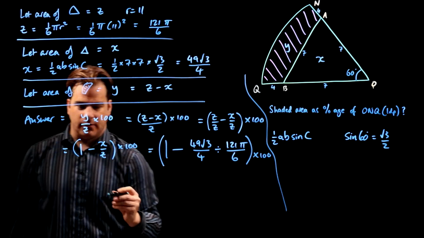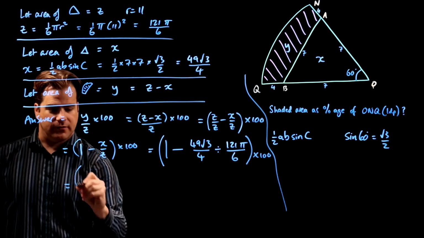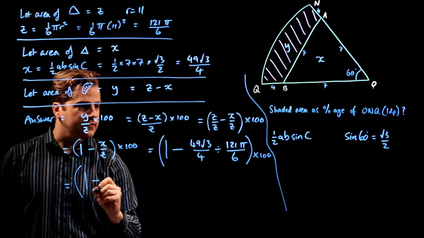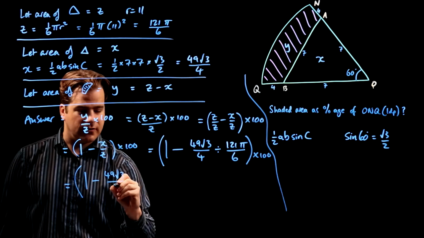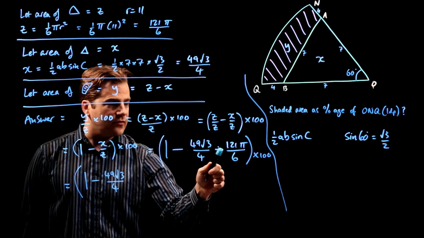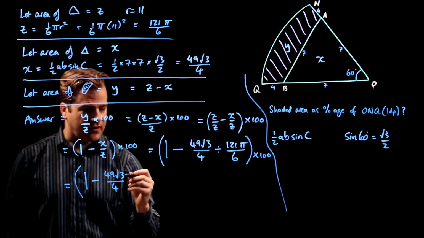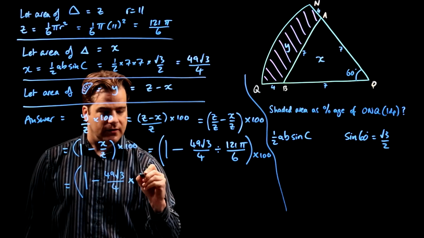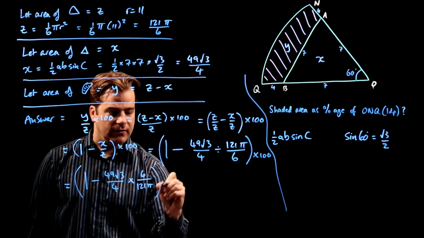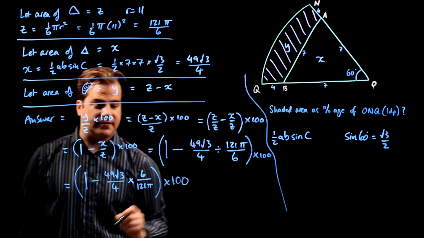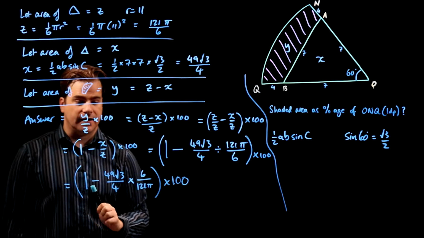Right, so that becomes 1 minus 49 root 3 over 4. Turn that into a times and flip that. Basic fractions: times 6 over 121 pi times 100. Right, now you're ready to put it in your calculator.